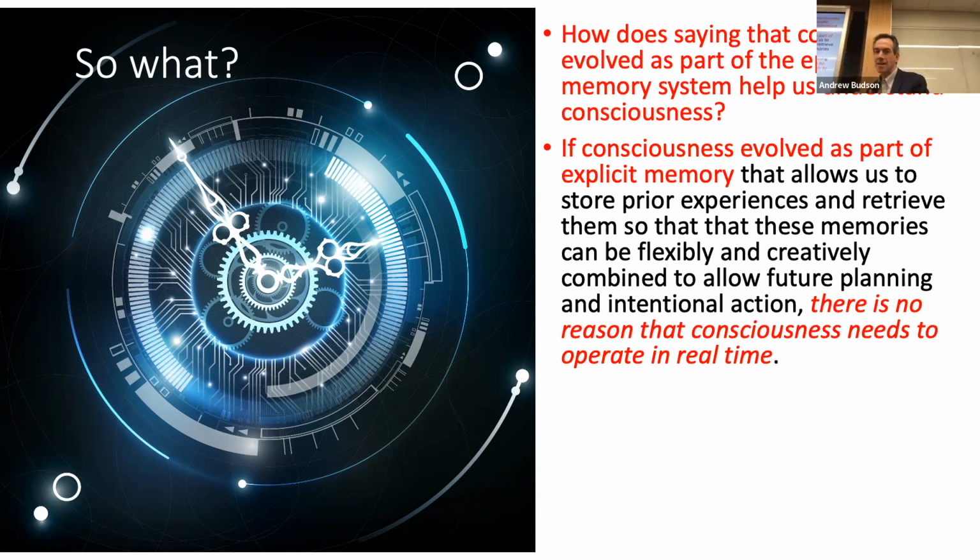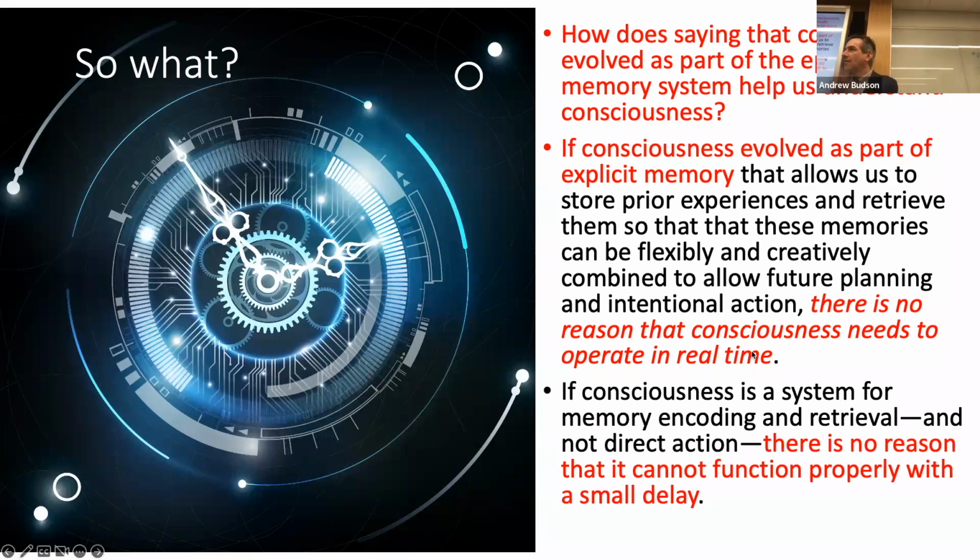So the idea is that if consciousness evolved as part of the explicit memory system, as part of a system that allows us to store experiences and retrieve them so we can flexibly, creatively plan for the future, there's no need that consciousness needs to operate in real time. If it's a memory system, there's no reason it can't function properly with a small delay.